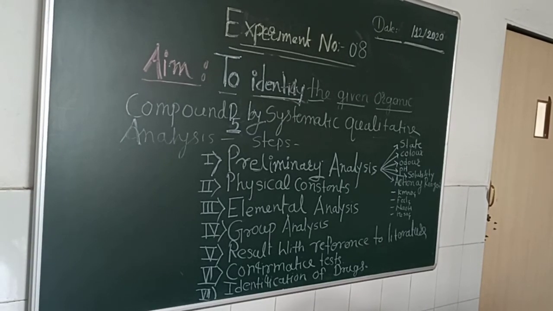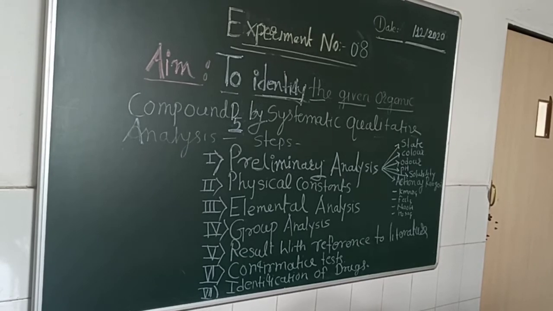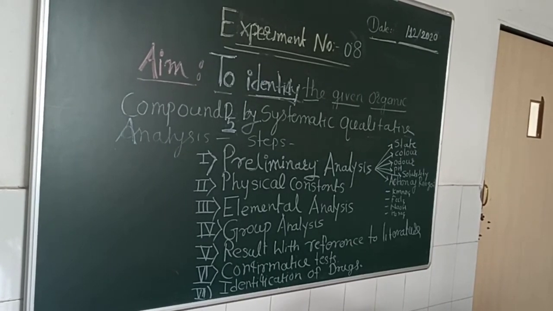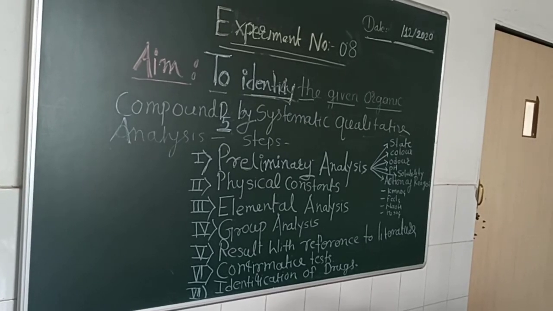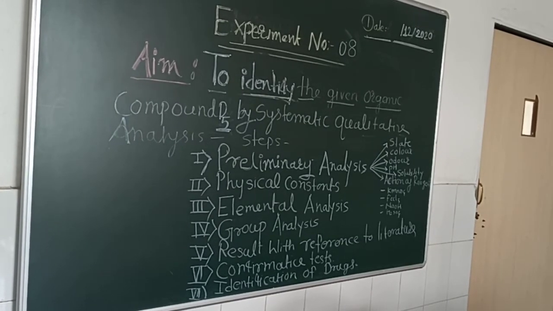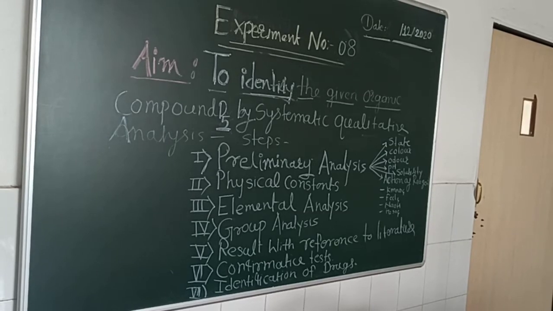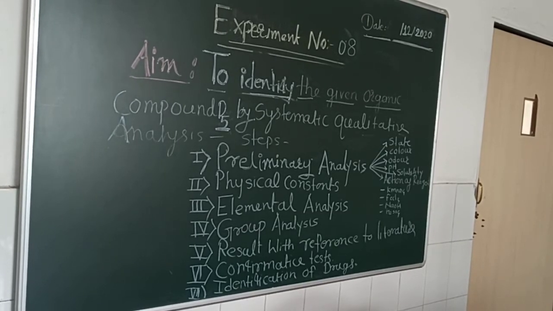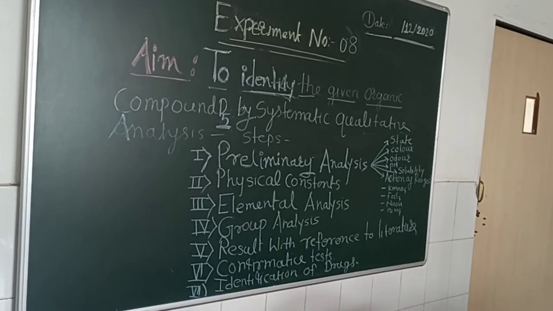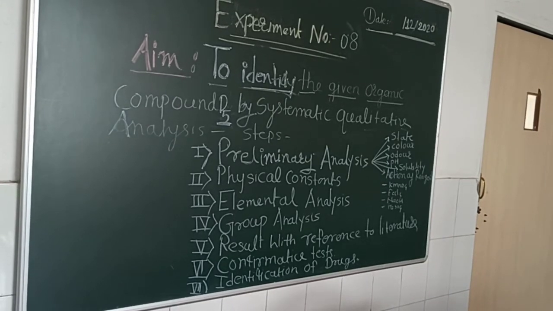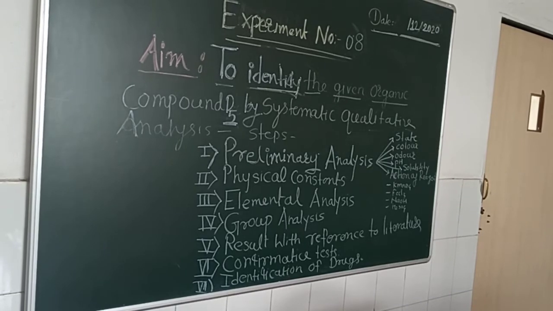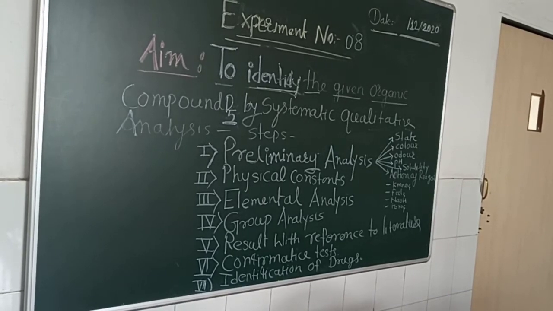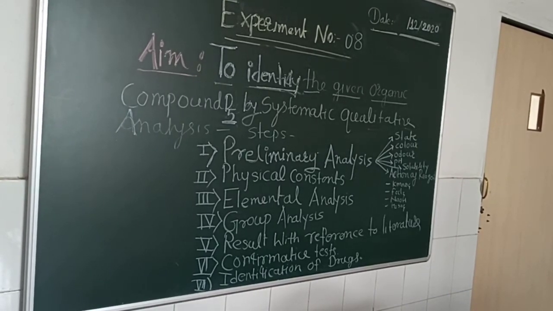You know that the steps involved in qualitative analysis are, first, preliminary analysis, then determination of physical constant, then elemental analysis, and group analysis. After group analysis, you have to compare the result with reference to literature. Then the next is the confirmative test, and the last one is the identification of the drug.